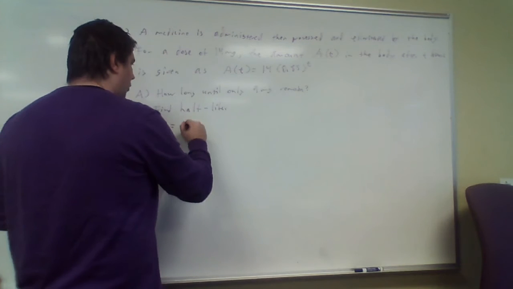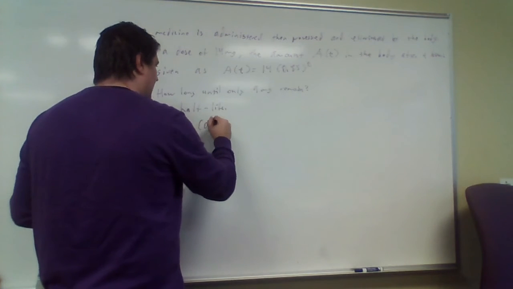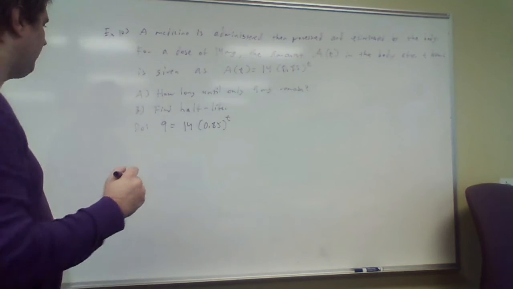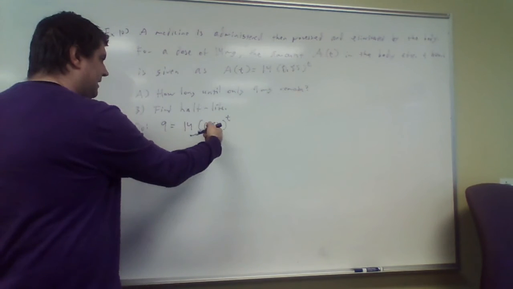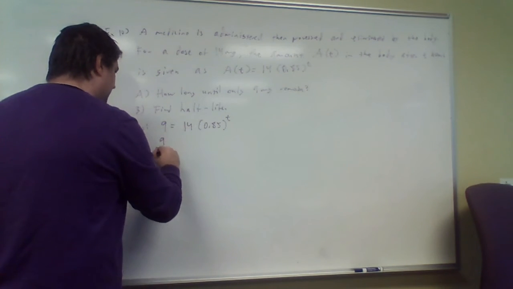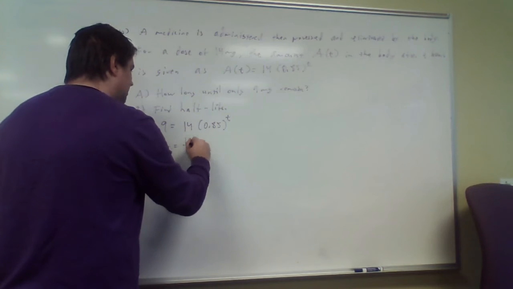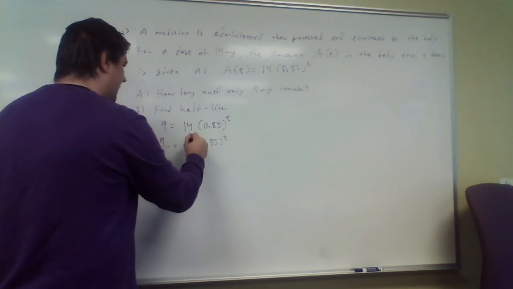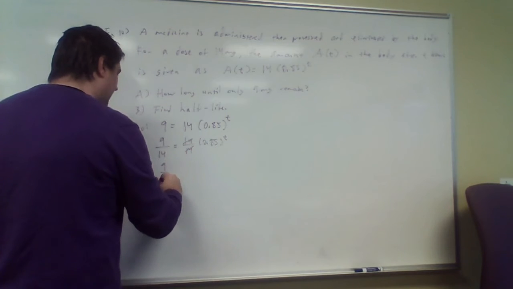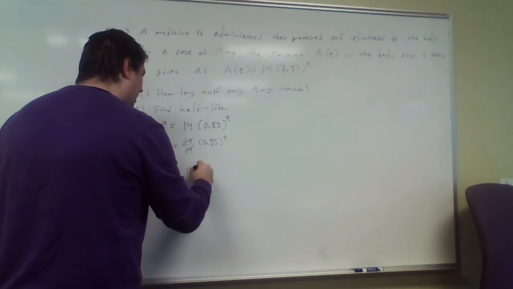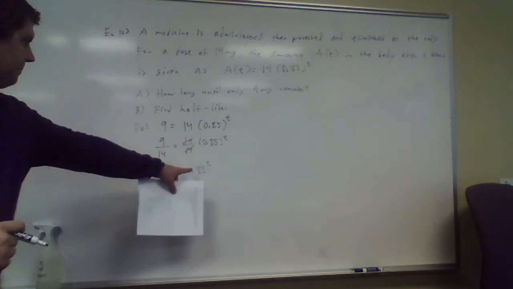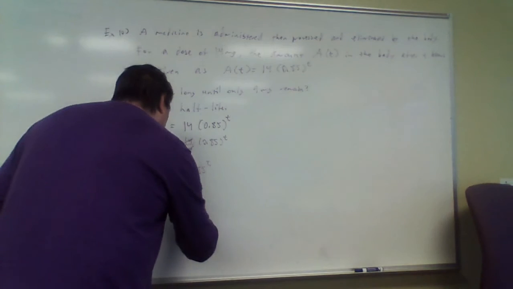Well, we started with 14, and it's 0.85 to the t power. So I want to isolate the exponential expression, or exponential component. So I will divide off the 14. And 9/14 equals 0.85 to the t power. That's not base E, so we're going to use a common logarithm.